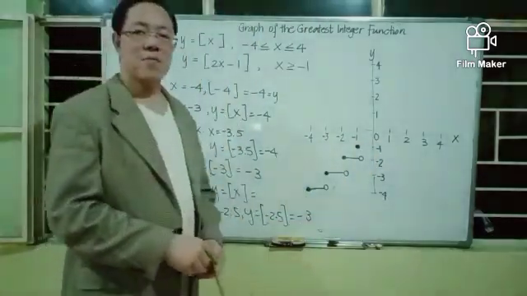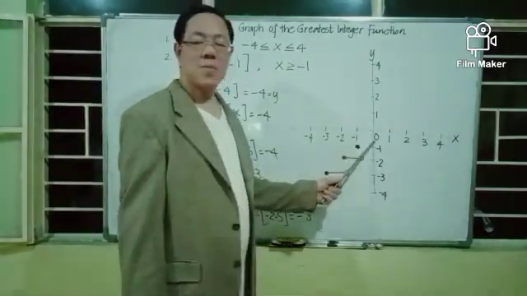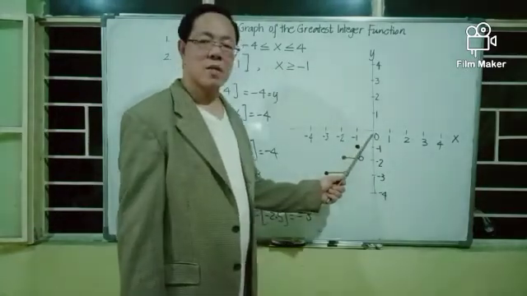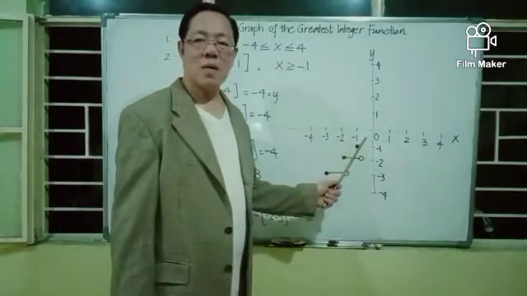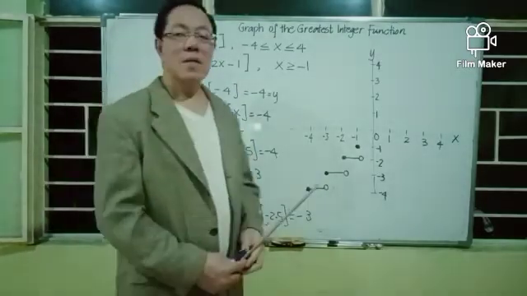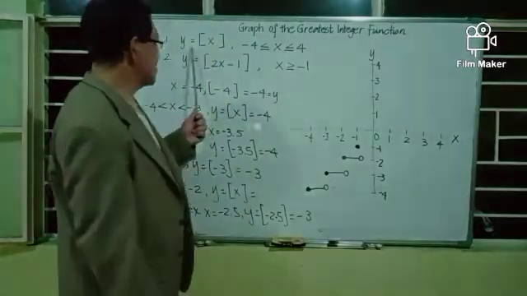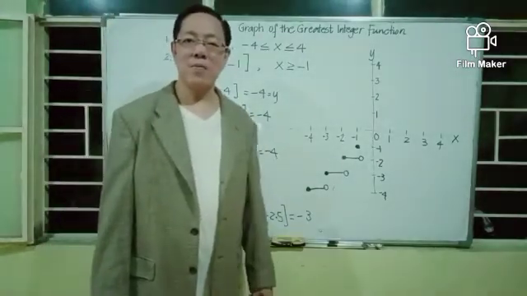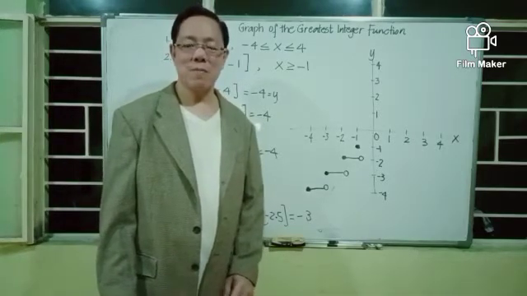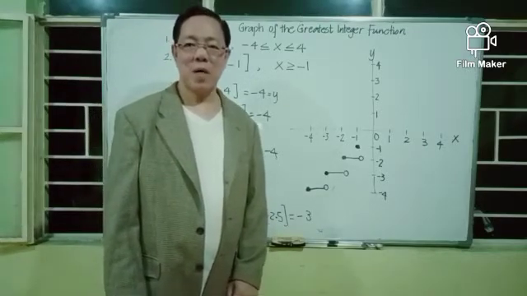Now we take values of x between negative 1 and 0, the real numbers that are greater than negative 1 but less than 0. Say negative 1/2, or negative 0.5. If x is negative 0.5, the value of y is the floor of negative 0.5, the greatest integer that is less than or equal to negative 0.5.